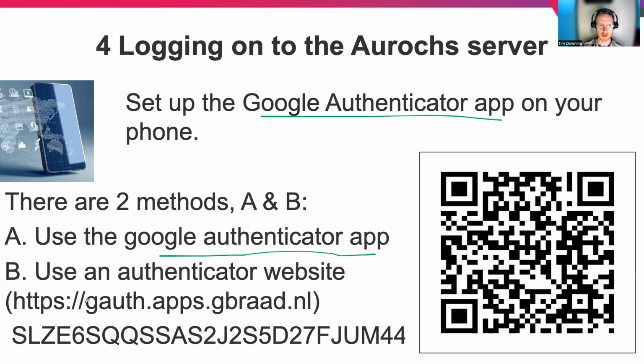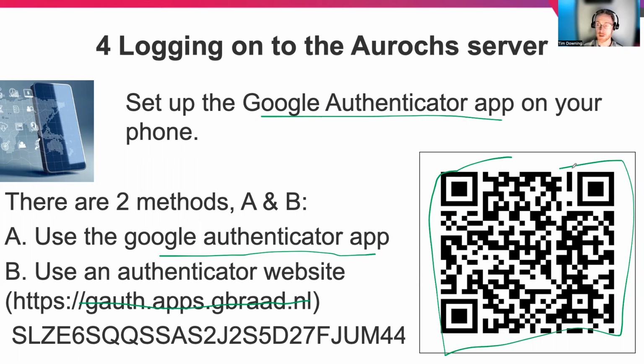The website doesn't work as well, so it's not efficient. All you need to do is scan this QR code with your phone and then activate it from there. You'll be able to launch it, and that will generate a code you need to authenticate your login to the server. So you'll have a password and a code to log into the server.